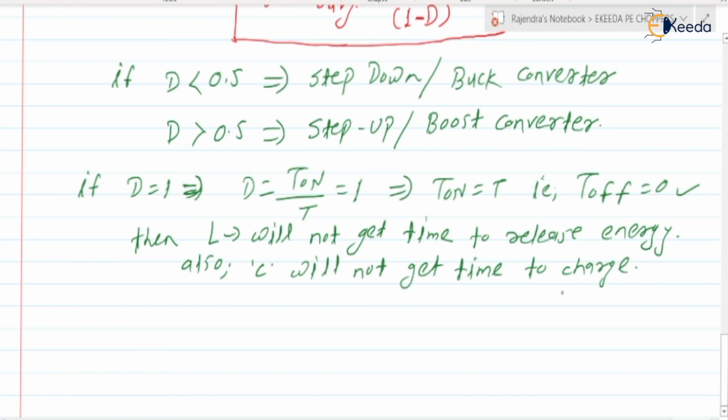Therefore the circuit will be unstable. This is a very, very important point.